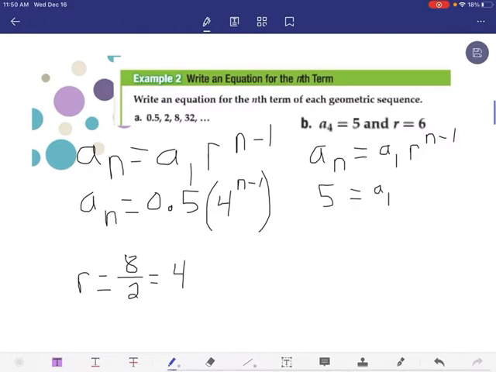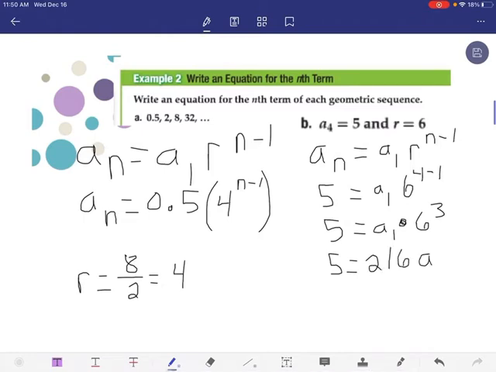So we have 5 equals, we're looking for a sub 1, so that stays as a sub 1. They tell us that our r value is 6, and we used 4, or the fourth term, for our n. So we would have 5 equals a sub 1 times 6 to the third power.